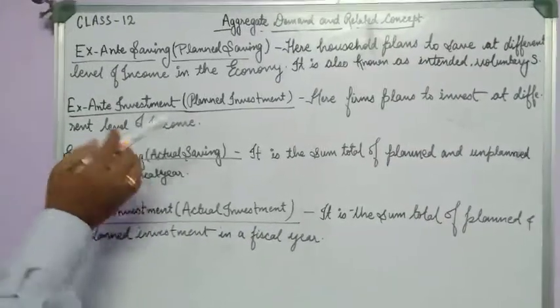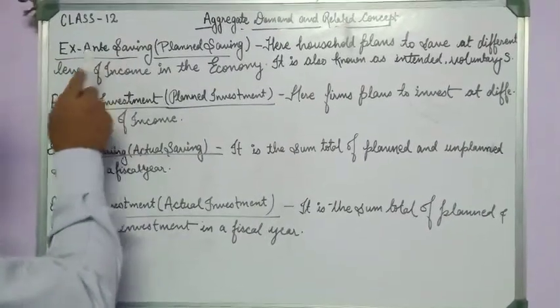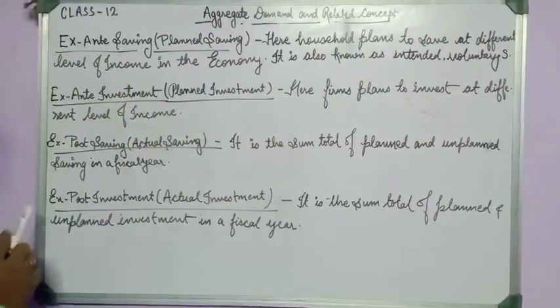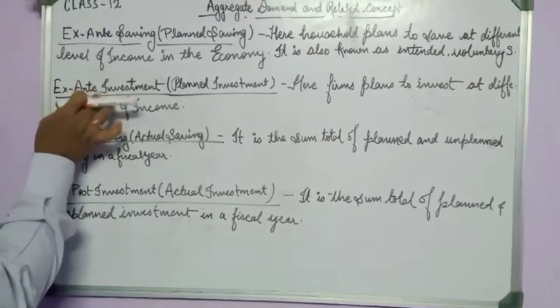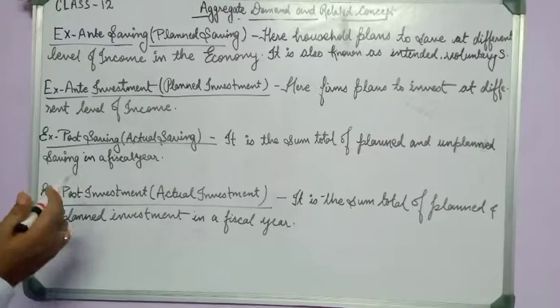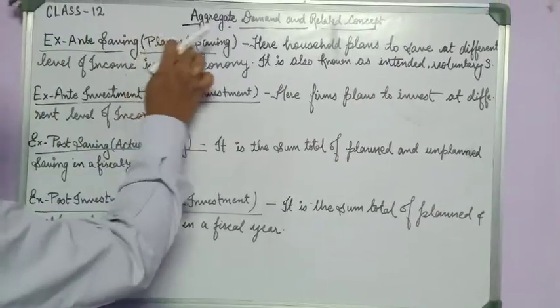So here that is the ex-ante saving and ex-ante investment. When you hear that word, you will get something different. But ex-ante saving is also known as the planned saving.